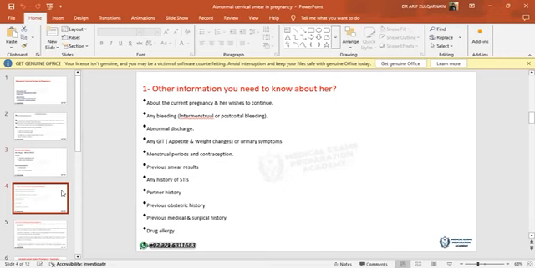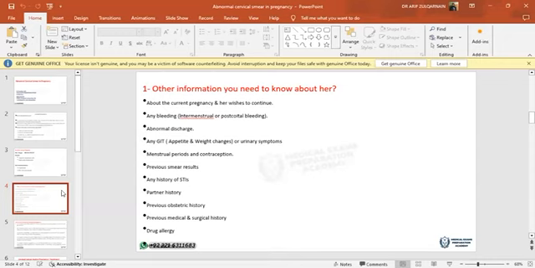So the first question is, what other information do you need to know about her? In this case, you will ask about the current pregnancy and about any bleeding, that is intermenstrual bleeding or postcoital bleeding, any complaint of abnormal discharge, any history of metastatic symptoms like loss of appetite, loss of weight, or any urinary symptoms.